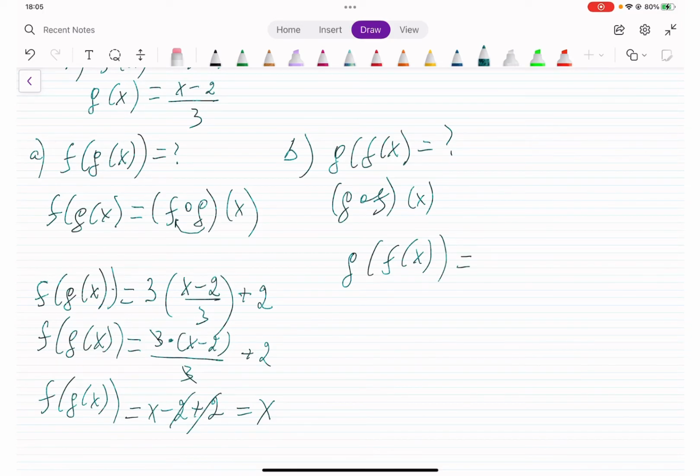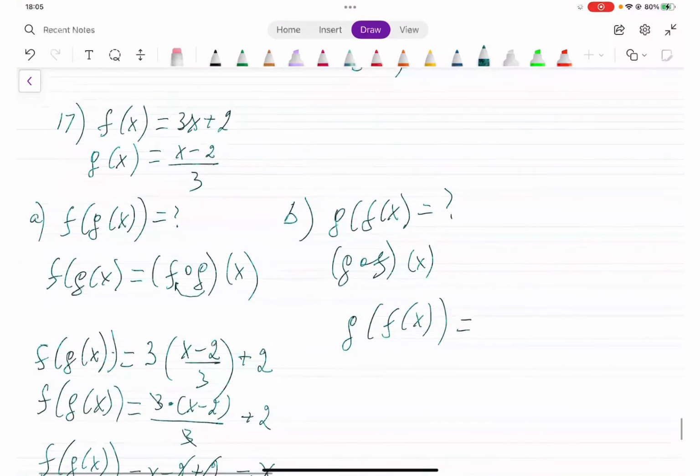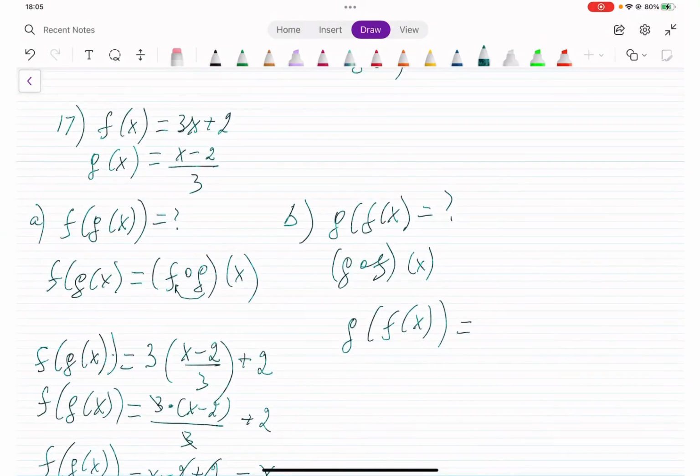So I'm plugging the value of f of x into g of x. (x minus 2) divided by 3, that's my g, and instead of this x, I'm plugging in the expression of f, which is going to be 3x plus 2.